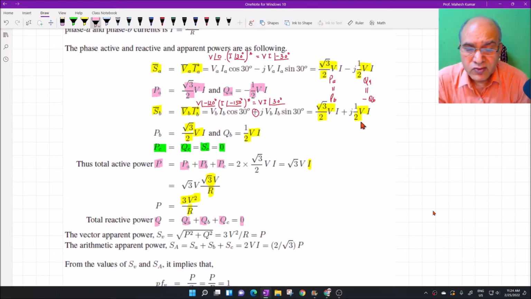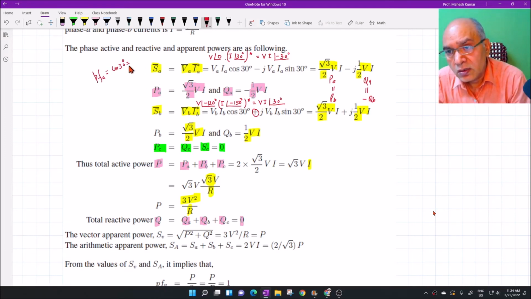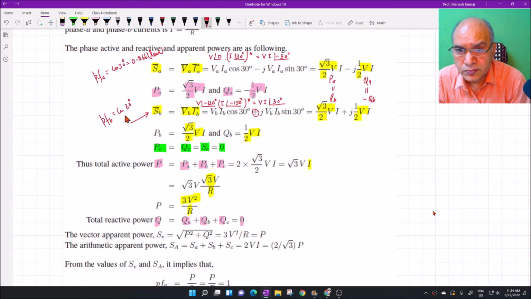If we look in terms of the phase angle, the power factor in phase A is cos 30, which is 0.866 lead. For phase B, the power factor is cos of minus 30 degree, because the current is lagging the voltage by 30 degree, and therefore this is 0.866 lag.